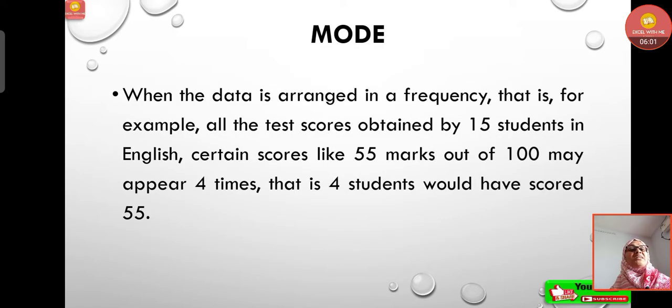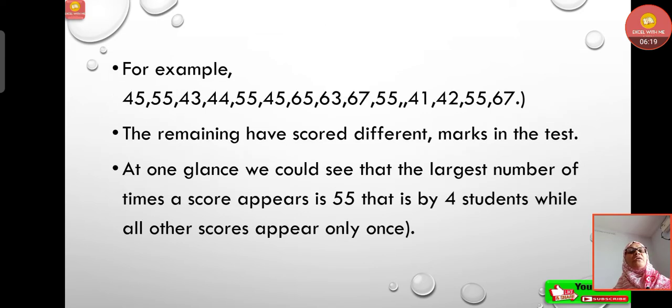Now mode. When the data is arranged in a frequency distribution, for example, all the test scores obtained by 15 students in English, certain scores like 55 marks out of 100 may appear 4 times. That is, 4 students would have scored 55. For example, 45, 55, 43, 44, 55, 45, 65, 63, 67, 55, 41, 42, 55, 67 like this. The remaining have scored different marks in the test.